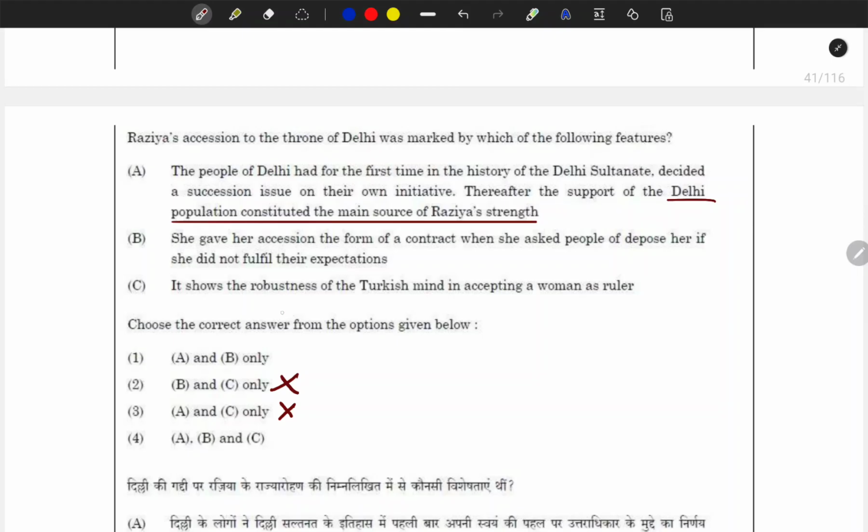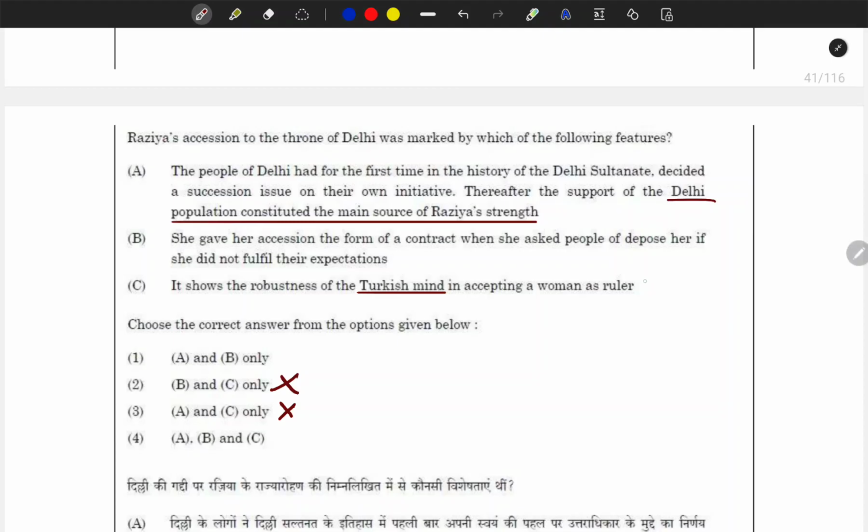It shows the robustness of the Turkish mind in accepting a woman as ruler. Here is the main deal. You might be thinking that the Turks were not so good in giving space to women. But the thing is that, given the court culture and other things, the Turks were very open-minded in accepting a woman as a ruler at that time, and it was actually Razia who was opposed by the ruling class from other places.